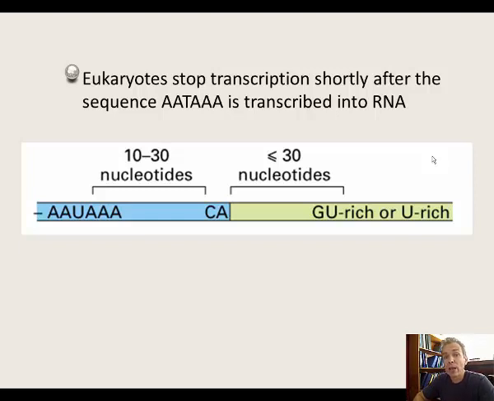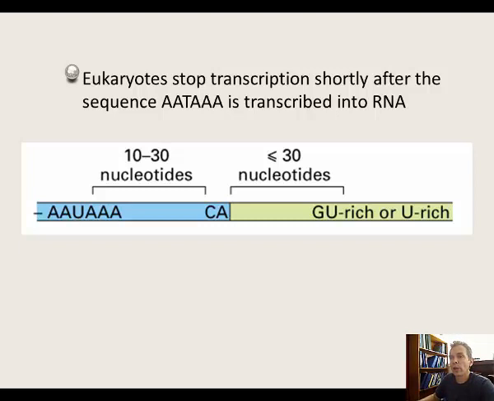Now, at the end of a messenger RNA, there are special termination sequences. Again, they're not stem loop structures that you find in prokaryotes, though. In particular, one sequence in the gene, AATAAA, is transcribed to AAUAAA, and that serves as a signal sequence to terminate the transcription.